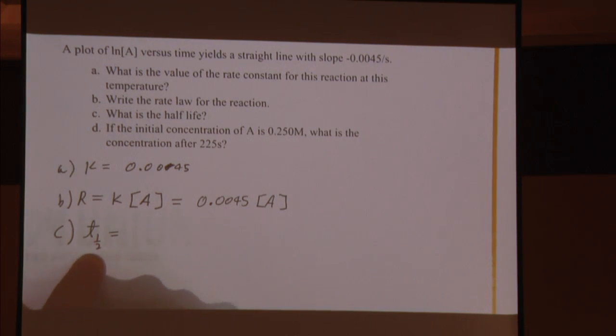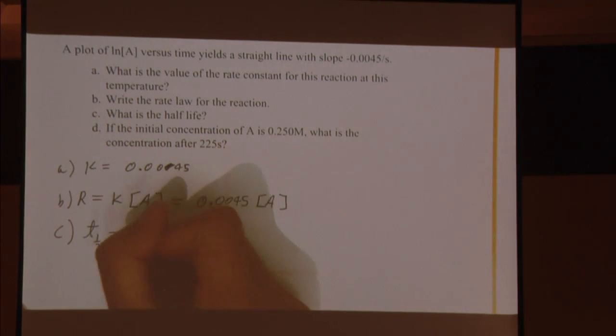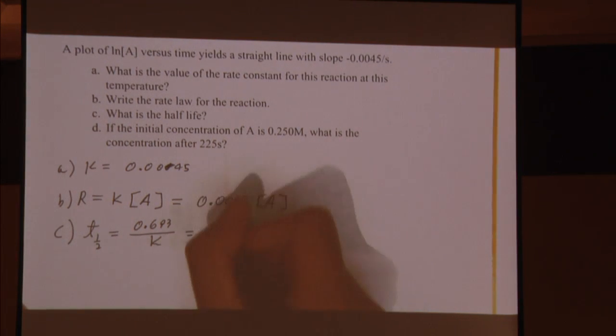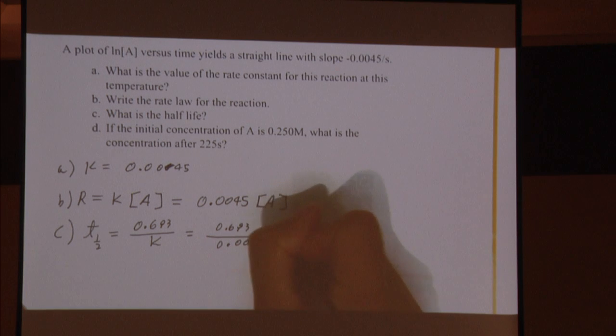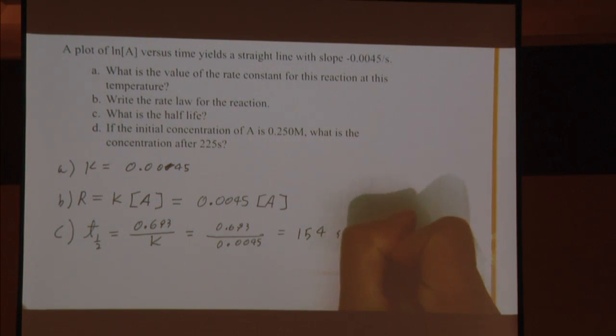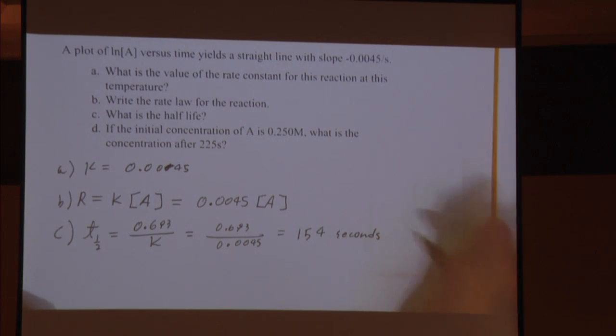T1/2, that's how I write half-life, is 0.693 over K. And when we substitute our K in, we get 154 seconds.